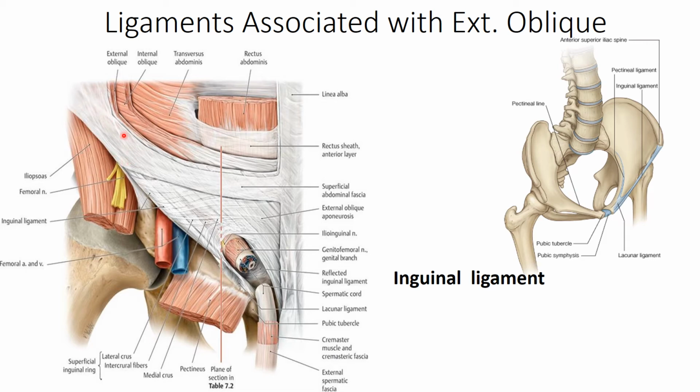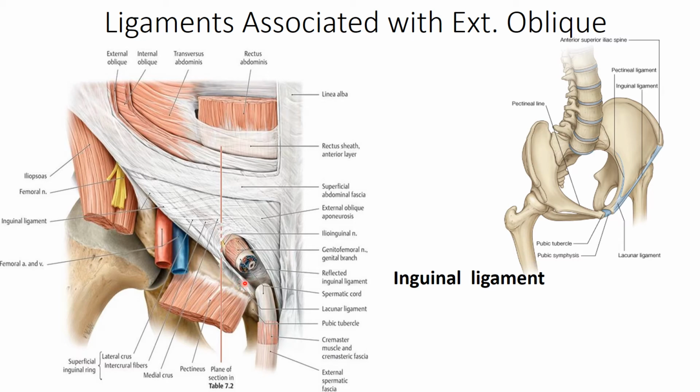It is more rounded and thicker in the lateral half, and it is more flattened towards its medial half, and towards its attachment to the pubic tubercle, it becomes even flattened and horizontal, and it lies in the floor of the inguinal canal supporting the spermatic cord.